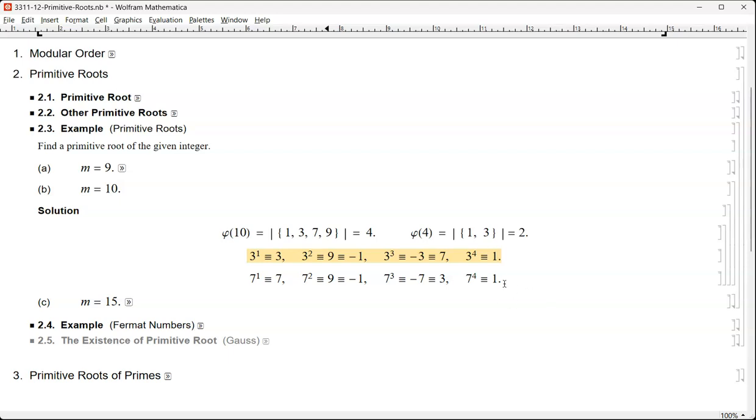And the next one, 7, worked. And then as for 9, there's no reason to try because phi of 10 is 4, and then we have 2 primitive roots already, so there's no more. But another thing is 7 squared is 9, 9 already showed up. Oh, 3 squared is also 9, also showed up. So 9 to the second power is going to be fourth power, going back to 1, so that's not primitive.